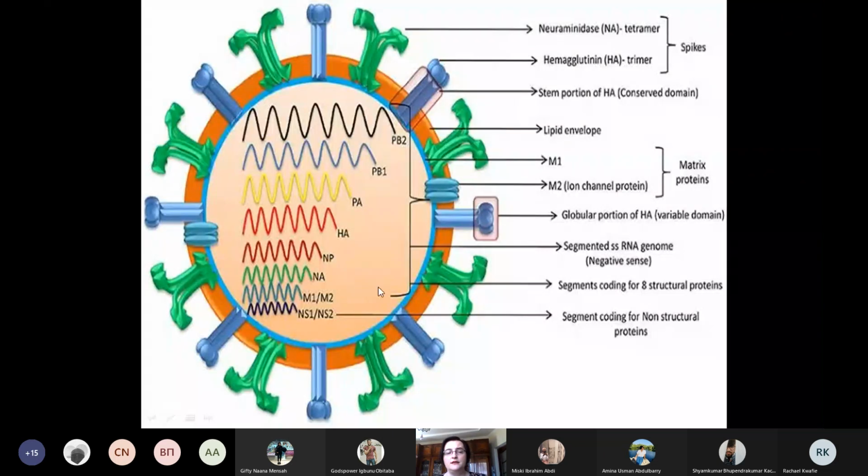Influenza C has 7 RNA segments. The RNA is packaged with nucleoprotein into a helical ribonucleoprotein form with 3 polymerase peptides for each RNA segment.